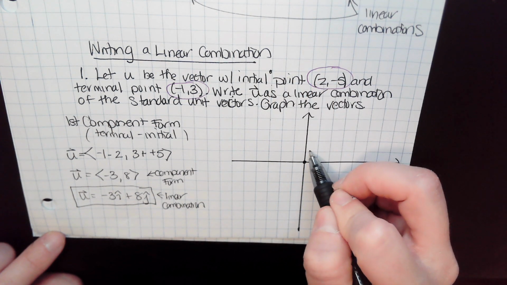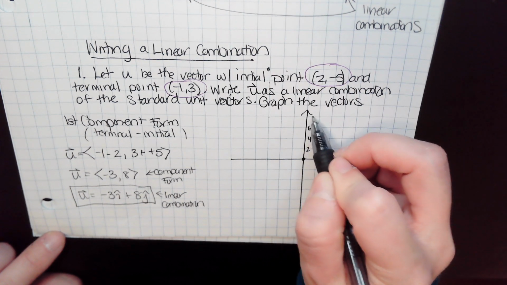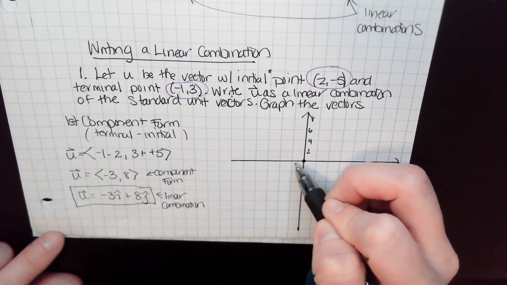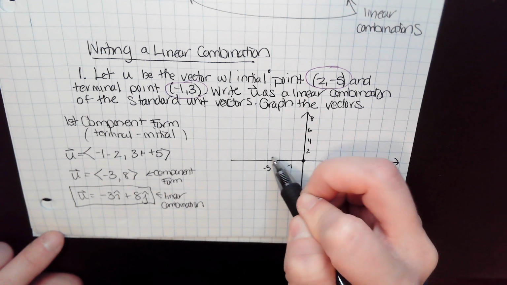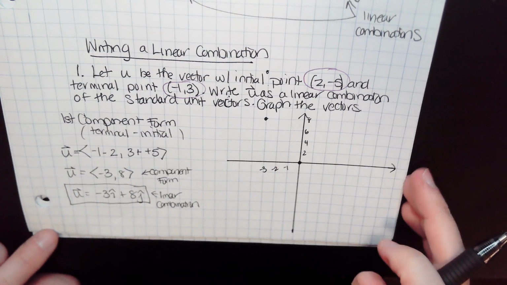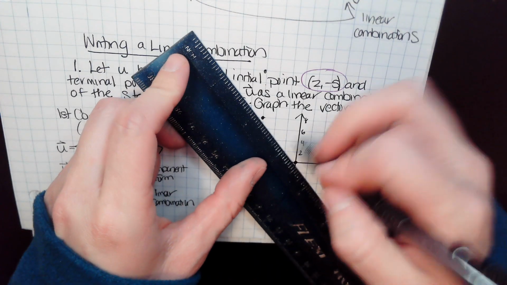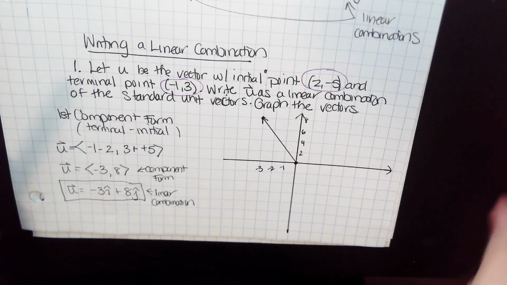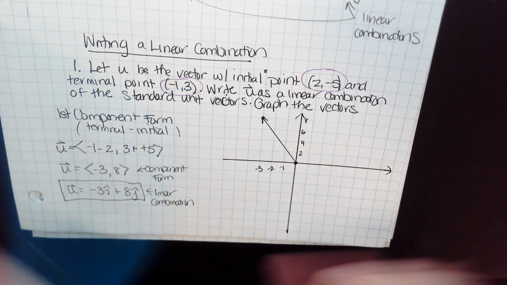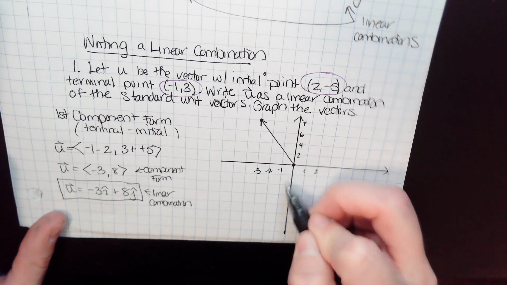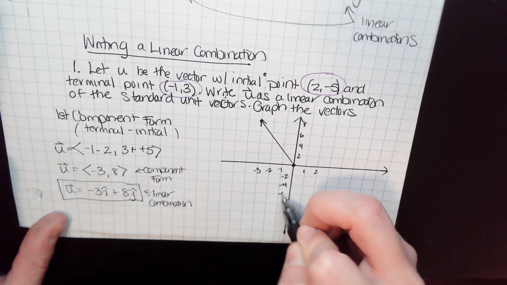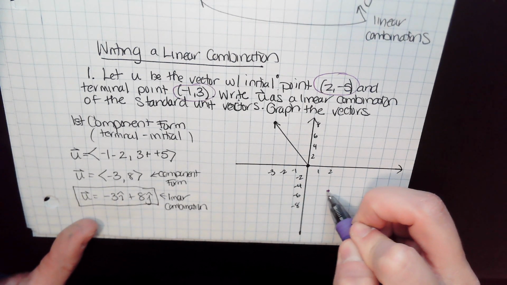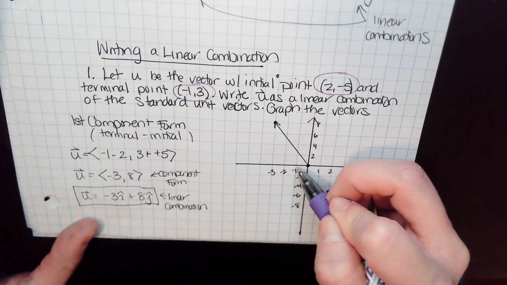Actually, maybe I'll just count by twos so it's not up through our words. So 0, 0, and then -3, 8. And we can show that if we graphed our initial point, which was 2, -5, this also has to count by twos, so we'll go to 2, -5, and -1, 3.